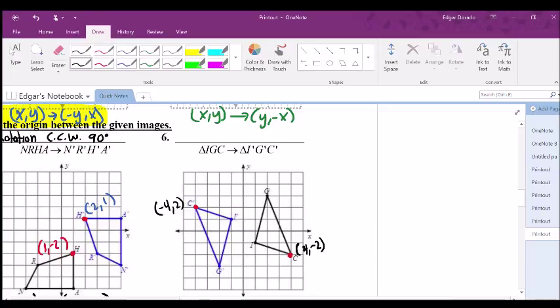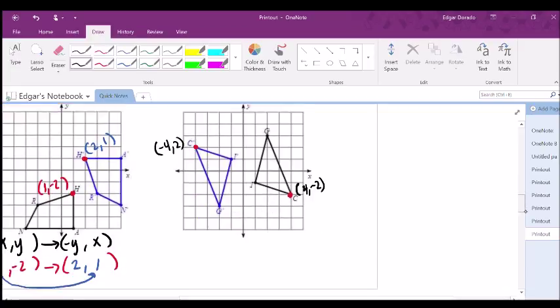Alright guys, let's see if you guys can figure this one out. So first off, I'm going to have a rule. We have to figure out which rule that is. Okay, and then the originals that I had were (4, -2), and then turned into (-4, 2).